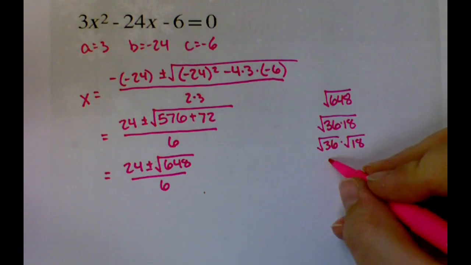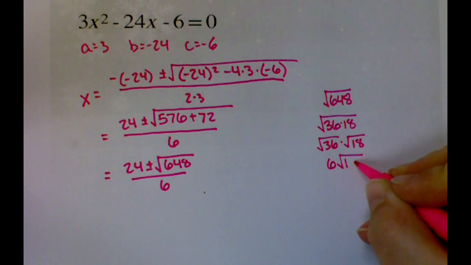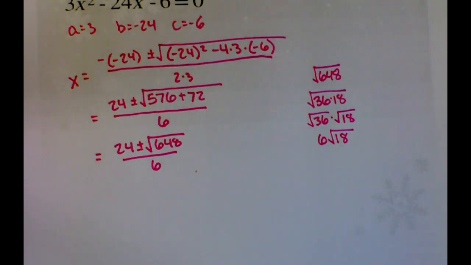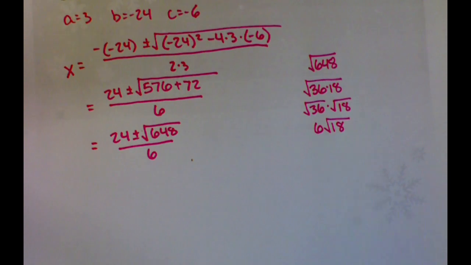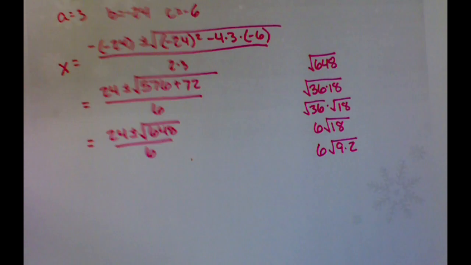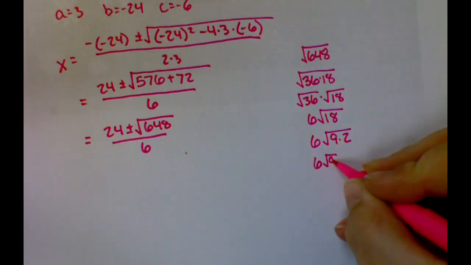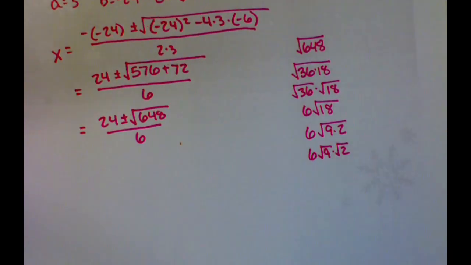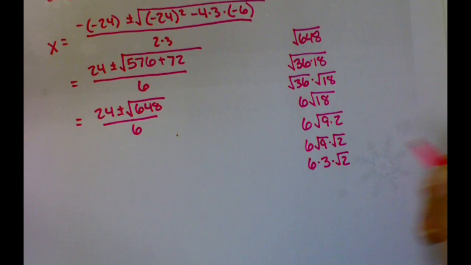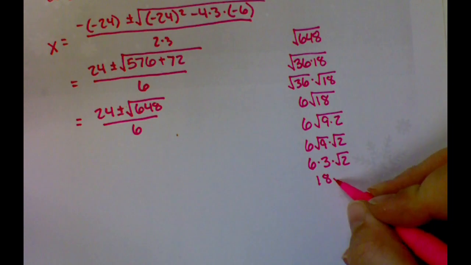The square root of 36 is 6, and the square root of 18 is stuck. But now I check again, because 18 can actually be factored or broken down further. I can make 18 into 9 times 2. And because I know the square root of 9, that makes my life a little easier. So I have 6 times 3 times the square root of 2, or 18 square root 2.